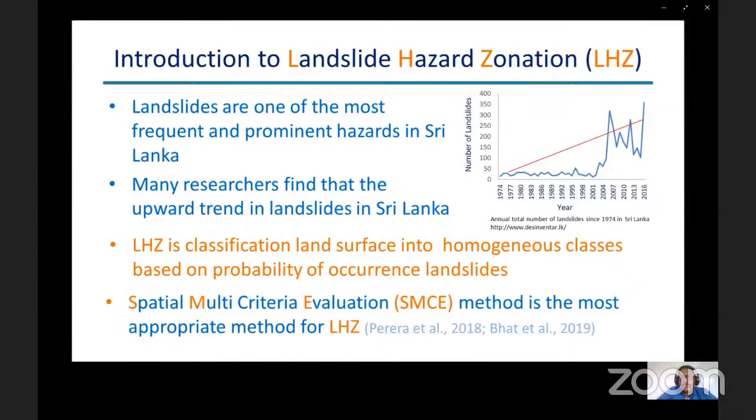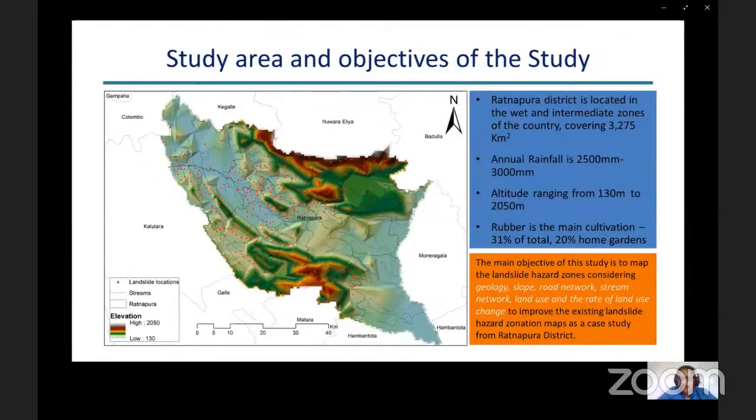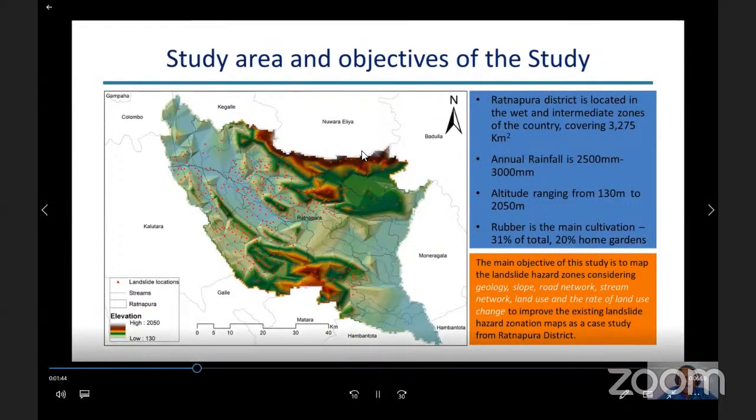We conducted this study in Ratnapura district because of the high density of landslides in the district. The main objective of this study is to consider new factors for landslide hazard zonation, as we expected to improve the existing landslide hazard zonation map in Sri Lanka.